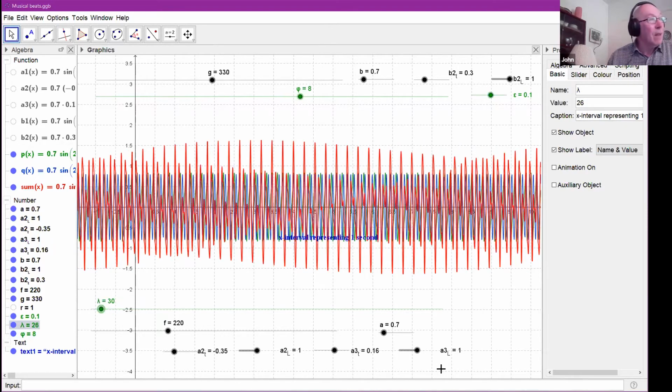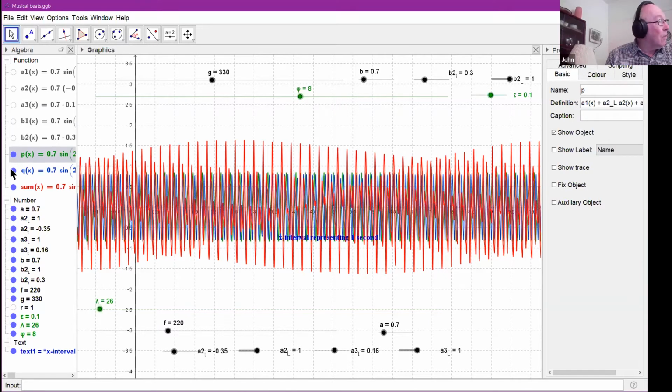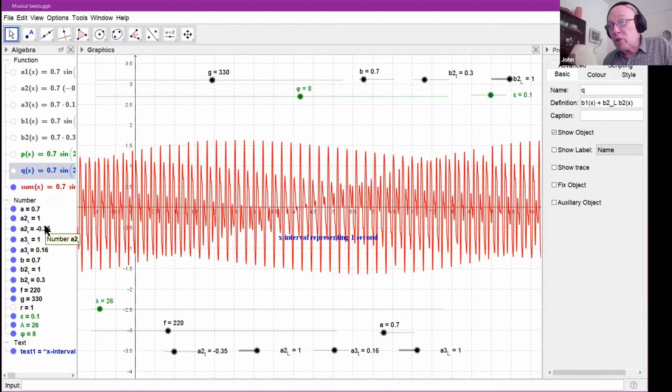You can see the combined red, if you look at the red bit, let's take the blue and the green out so that they don't confuse it. If you look at the red now, see the curve, the amplitude, the overall bit of the amplitude, it's wider in places than others.